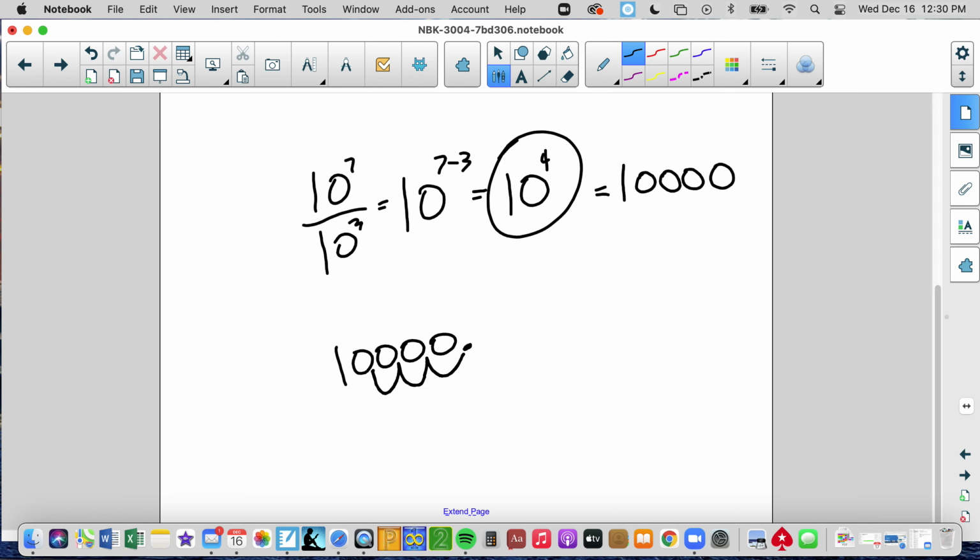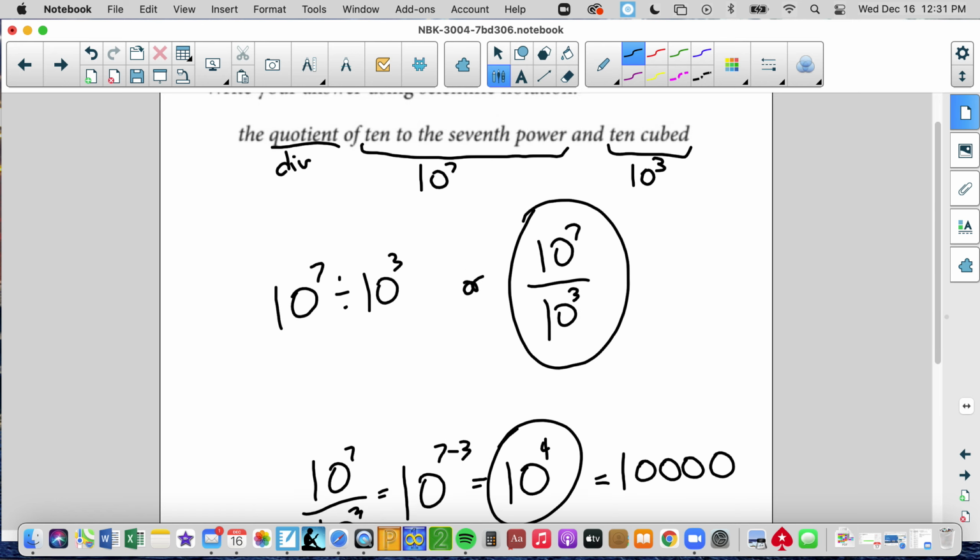It actually has to be less than 10, and it can be equal to 1. So we're going to move that decimal point to there. So scientific notation becomes 1 times 10 to the, how many places did we move? We moved 1, 2, 3, 4 places. So scientific notation for that would be 1 times 10 to the 4th.